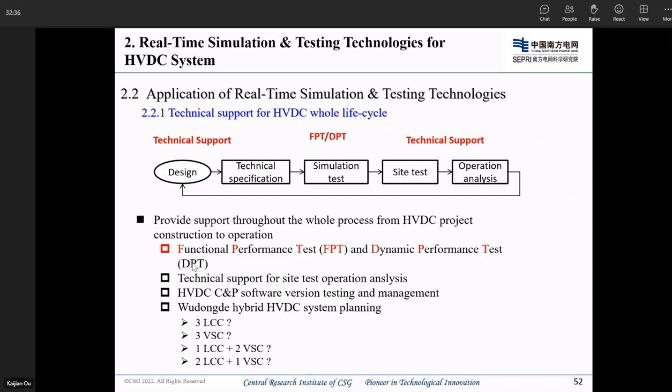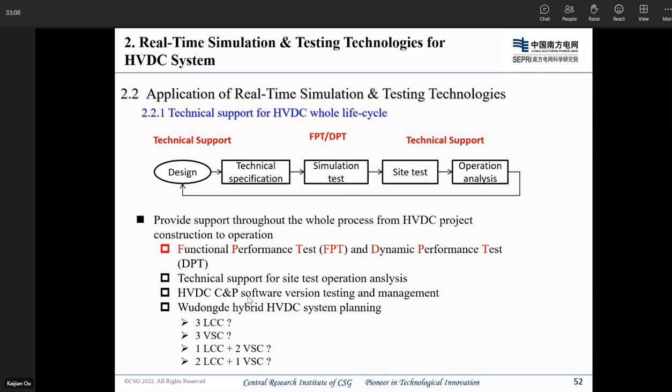After the HVDC project is put into operation, if some fault happens on site, we use RTDS for technical support of the HVDC on site. We can modify the HVDC software and check whether it is improved or not.